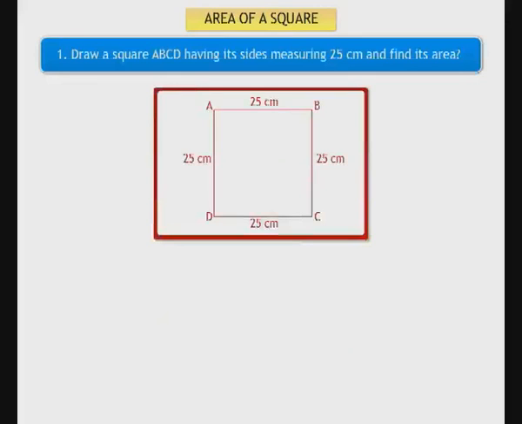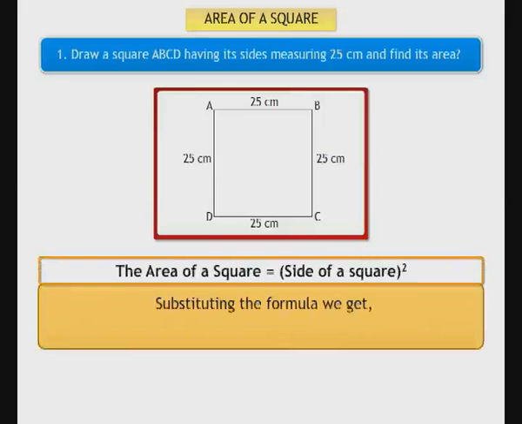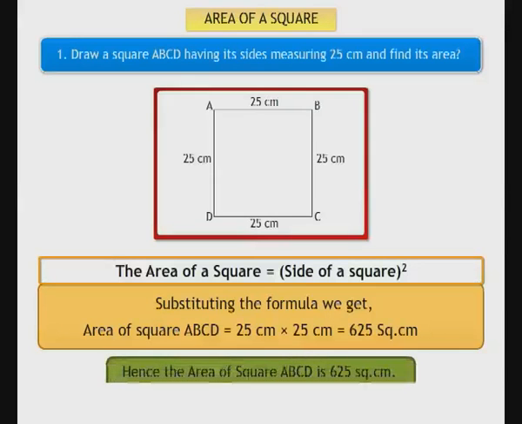We shall now see the area of a square with a decimal. 2. Let us draw a square PQRS having its sides measuring 2.8 meter. Find its area. The area of a square is equal to square of side of a square. Substituting the formula, we get area of square PQRS is equal to 2.8 meter the whole square, which is equal to 2.8 meter into 2.8 meter.